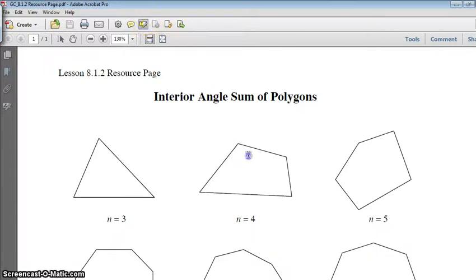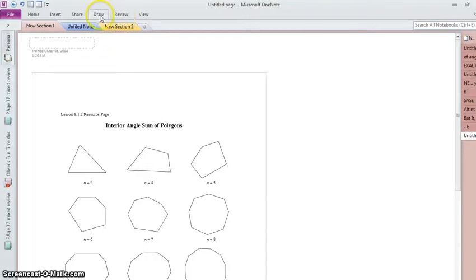So in the four-sided figure, can I use the same method and say the angles of triangle 1 plus the angles of triangle 2 equal 360?